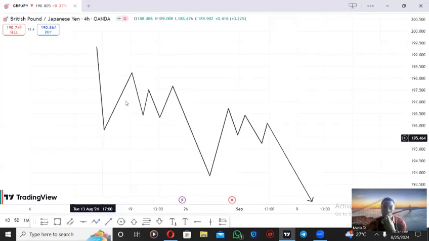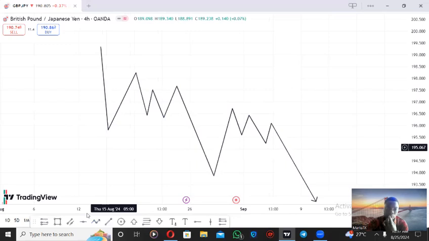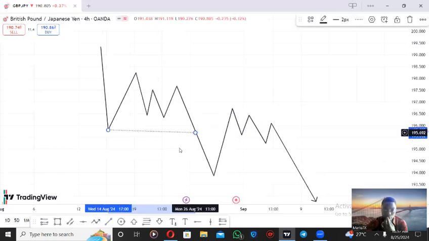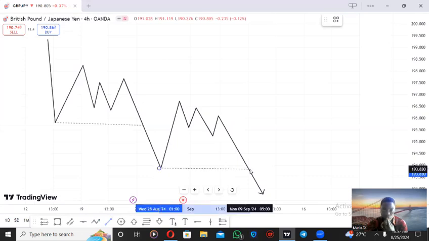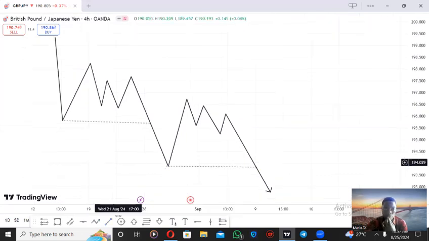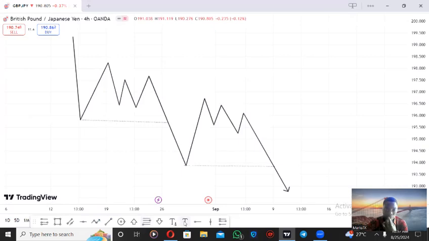Now, if you look at this chart very well, you will know that we are breaking structures. Okay, from here now, we had a break of structure. All right. But from that point, you also have one here. You also have that break of structure there. All right. Now, we have what we call swing points.